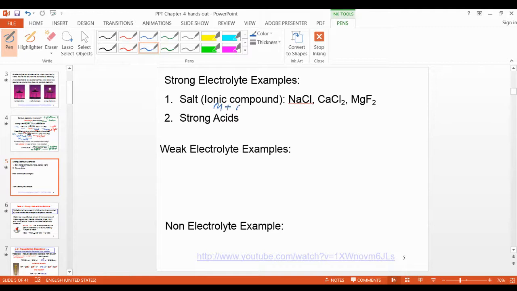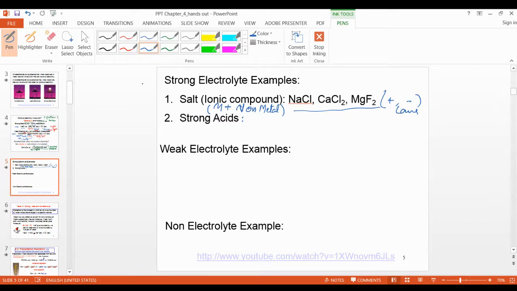Metal plus non-metal, ionic compound. Any compound you make with one metal and one non-metal, these are positive and negative ions. Okay, strong electrolyte. All strong acids.